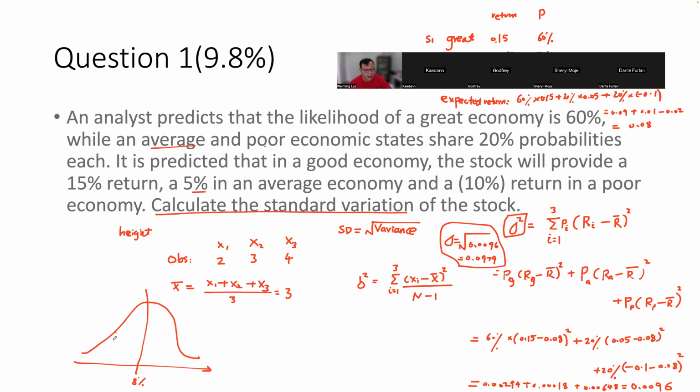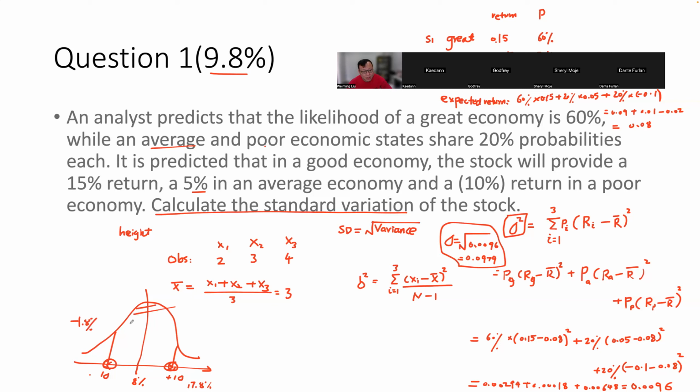So if I draw a one standard deviation range, plus, we calculated the standard deviation is 9.8%. So 8 plus 9.8, so here will be 17.8. Okay, so this point is 17.8, and this point is going to be negative 1.8.